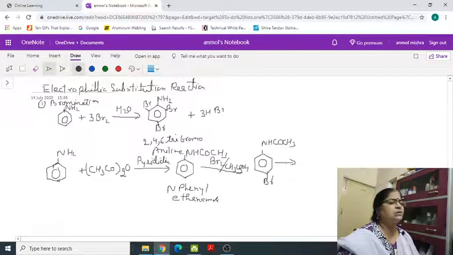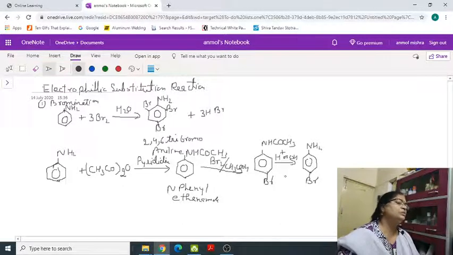This on acidic or basic hydrolysis will form parabromoaniline.